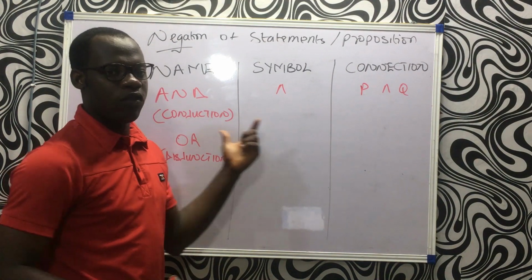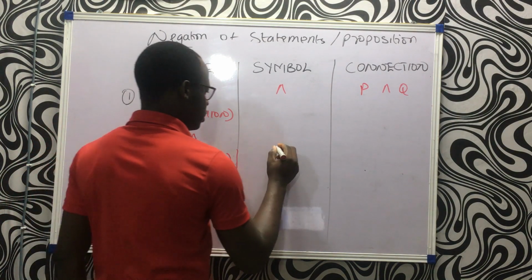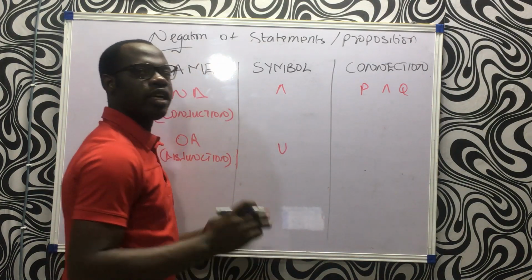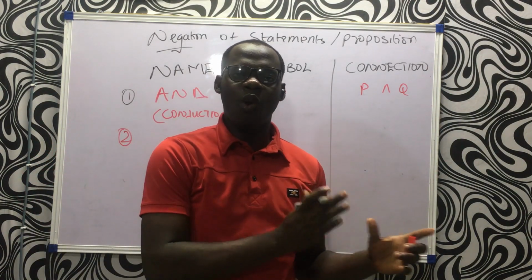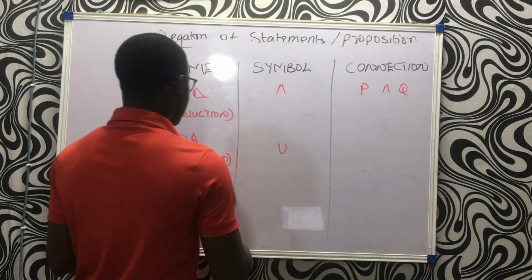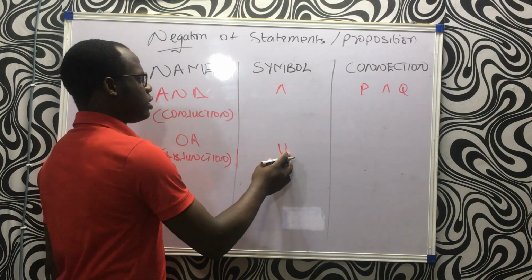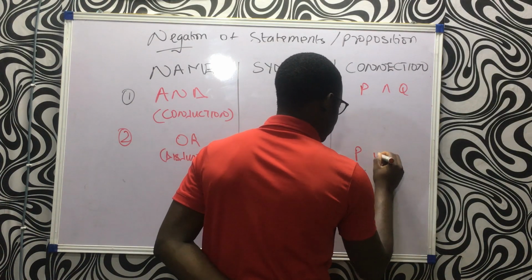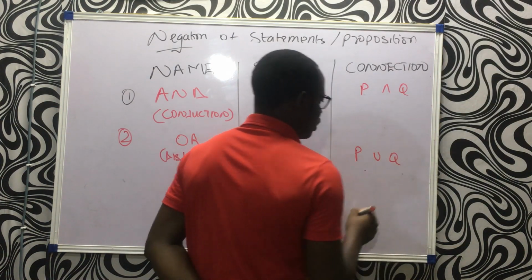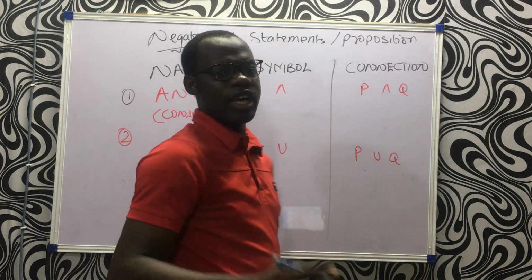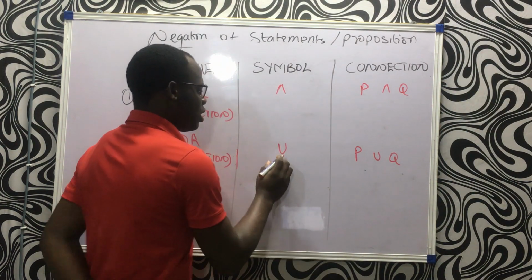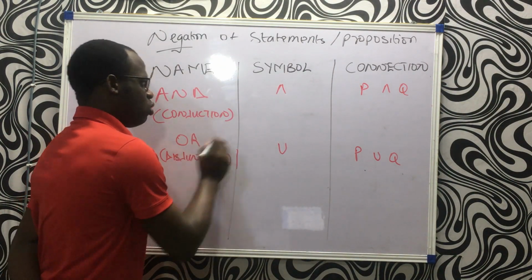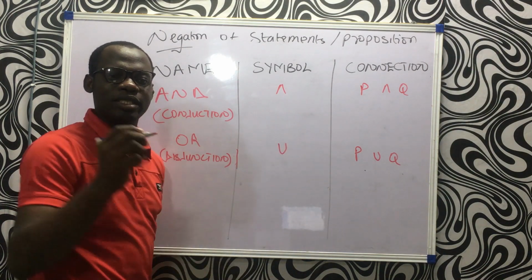Now the symbol for or is this, which is a case where you have to take one of the statements. So using this, it becomes P or R. Whenever you see this symbol, it means or. Whenever you see this other symbol, it means and.